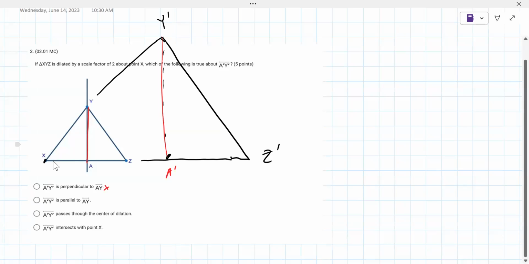No, I don't know. AY prime intersects the point X prime. No, so I feel like that's the only reasonable one there. It really helps to draw it though.